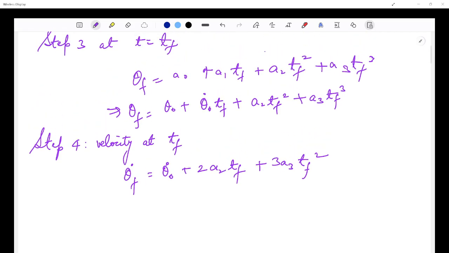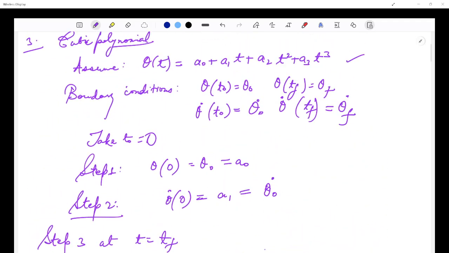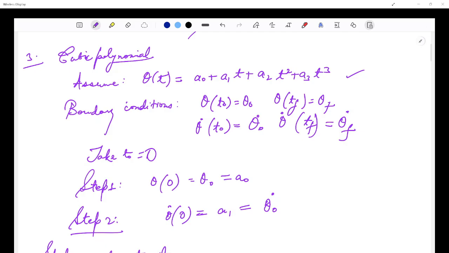So we have one equation here and the other equation here. We have to find a2 and a3 from these equations, because we already know the boundary conditions: theta naught is known, theta naught dot is known, theta f is known, theta f dot is known. All of these four quantities are known.